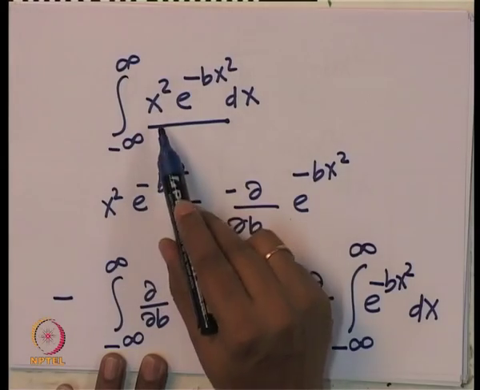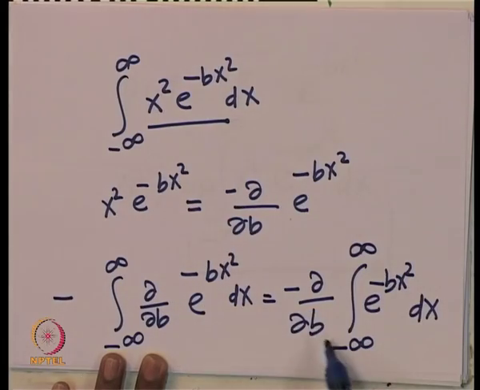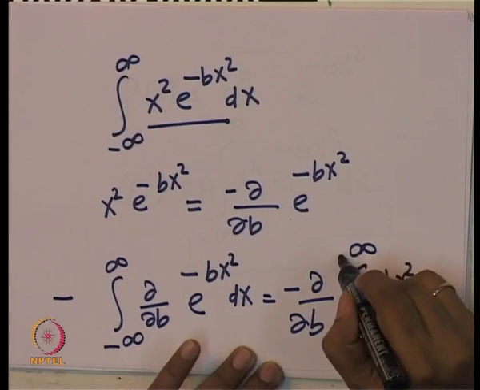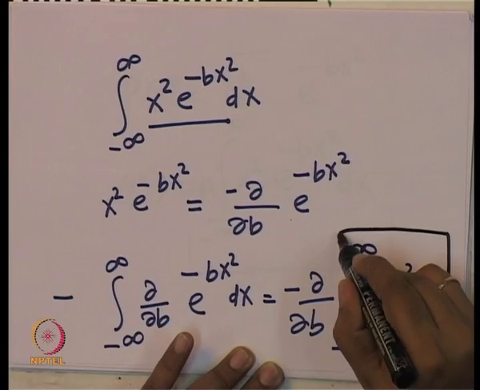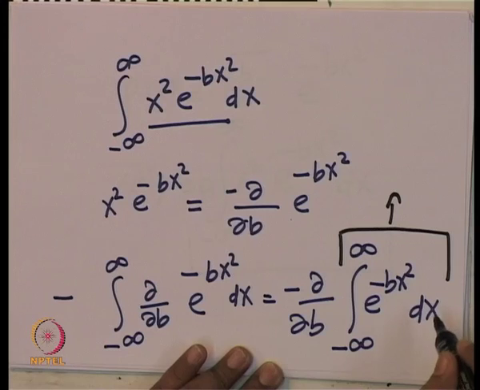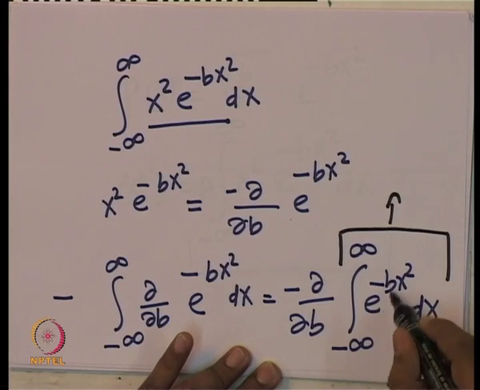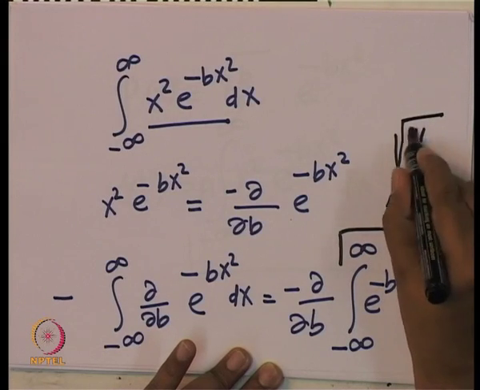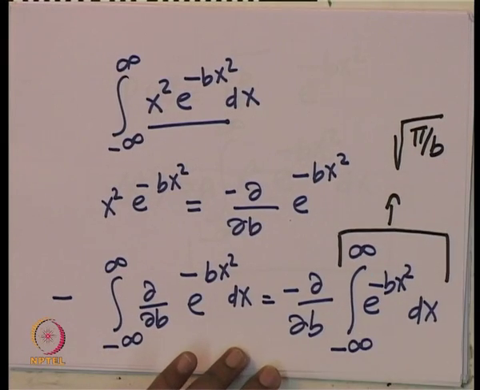We wrote the integral of x square e power minus b x square dx as minus del by del b of the integral of e power minus b x square dx from minus infinity to plus infinity. We know the answer to this. We just told some time ago that the answer to this particular integral is root of pi by b.